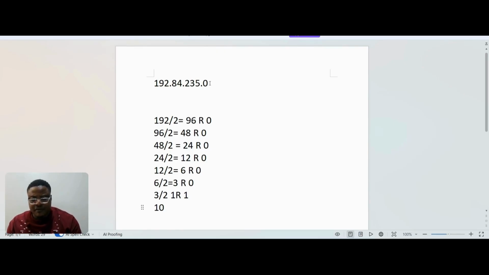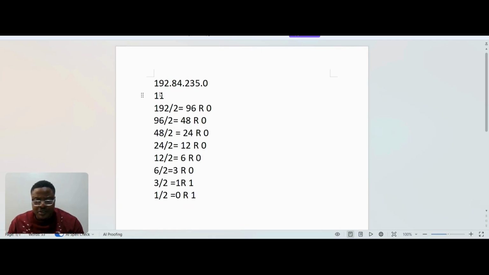1 divided by 2 equals 0, remainder 1. So the binary number for 192, reading from bottom to top, will be 11000000.